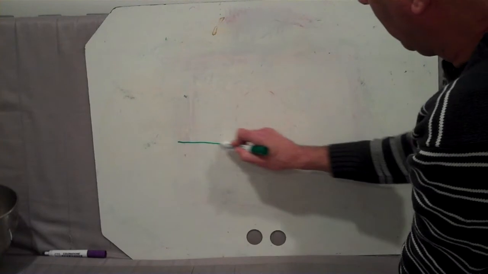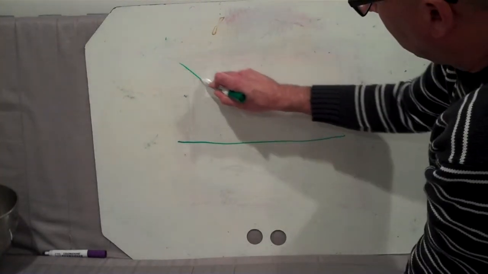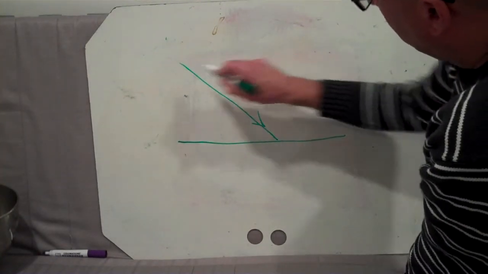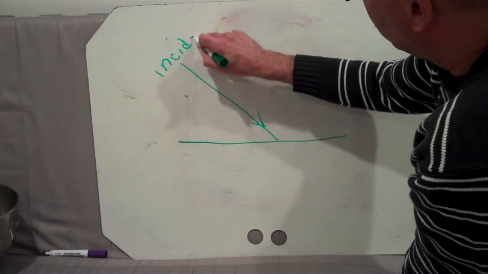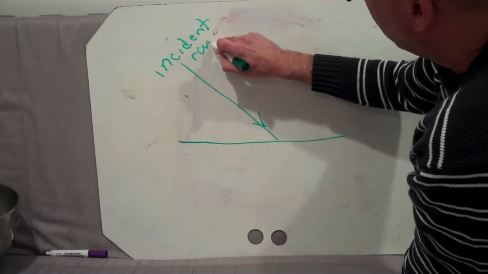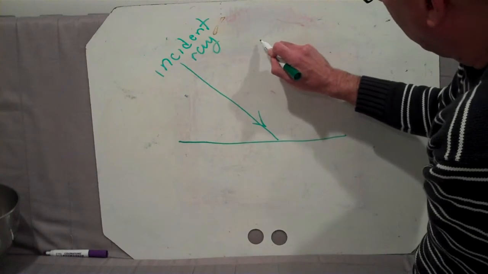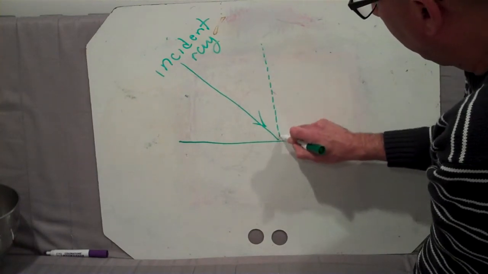If you recall, when a ray comes in to a smooth surface, we call that the incident ray. We draw the normal line to the surface, always.